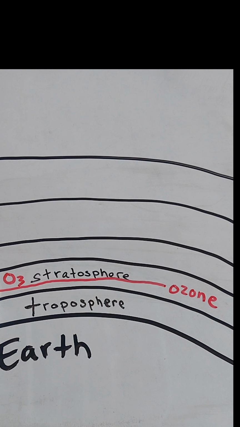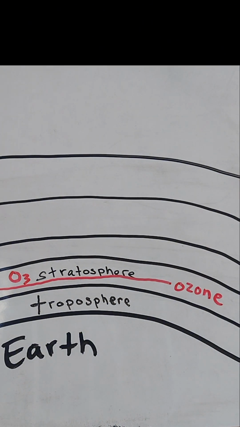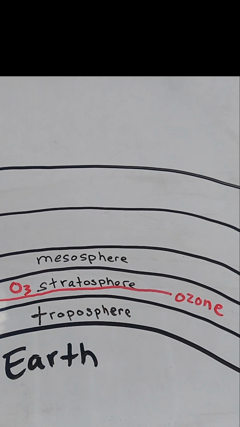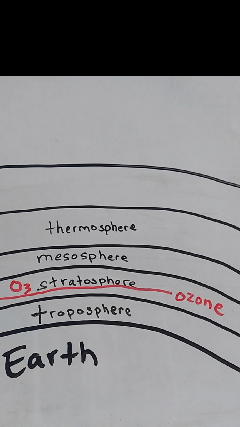Okay, so if the ozone is absorbing energy from the sun, it's going to become hotter, right? And so ozone decreases at the stratopause, which is the separation of layers where the stratosphere ends and the next layer begins. And the temperature begins to decrease in the mesosphere. Next, we have the mesosphere, and it starts with an M, and this is where the meteors are burning up. Next is the thermosphere, and at the thermosphere, there are very few air molecules.